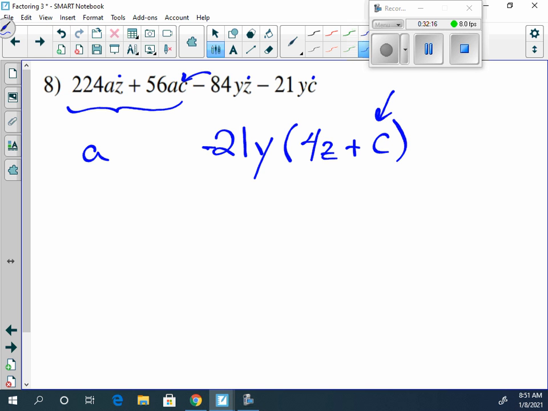And it works out that it does. 224 divided by 56 is 4. So our greatest common factor for the first one is going to be 56a. So doing the second pair actually helped us figure out what the first pair was going to be. And when we factor this out, we're left with 4z plus c.